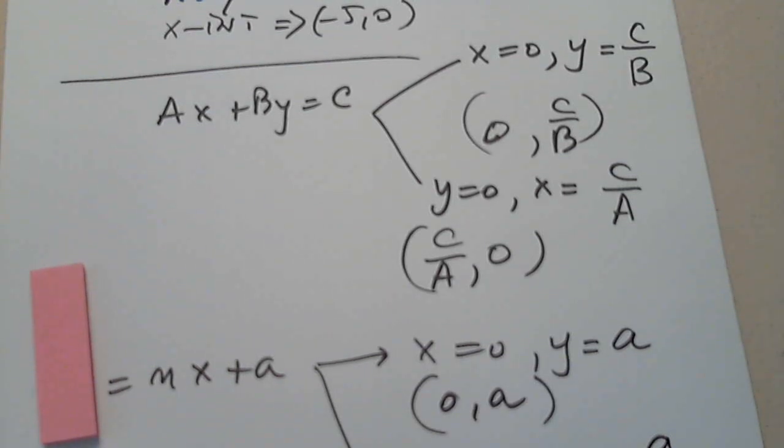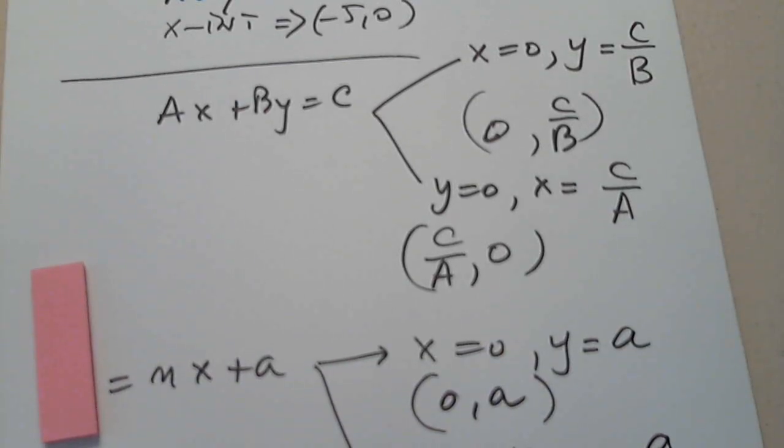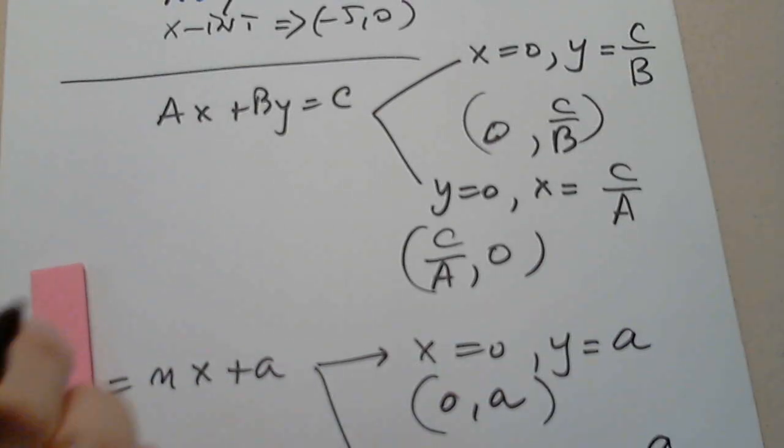Now the ordered pair: negative a over n, comma, 0. That's it. Very good. Excellent. Moving on. Let's see, 16.